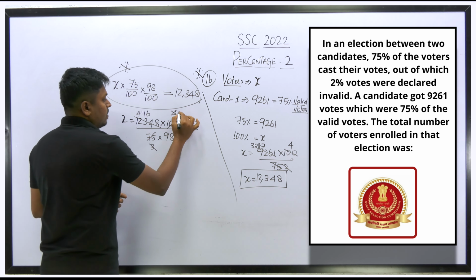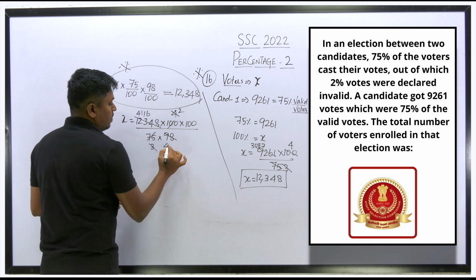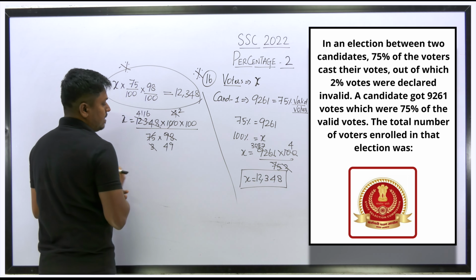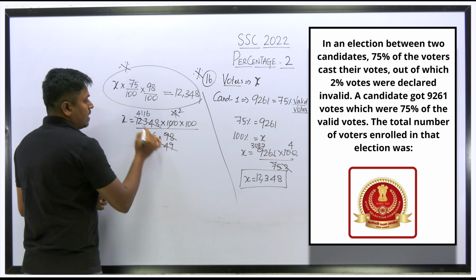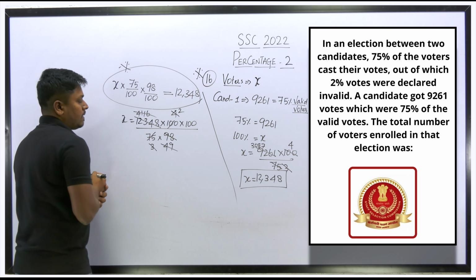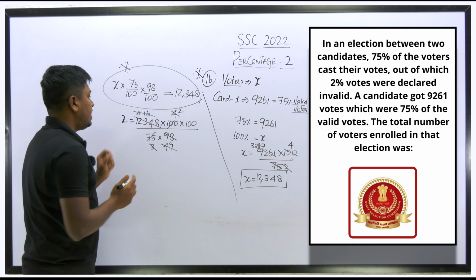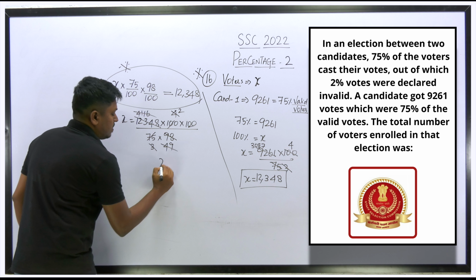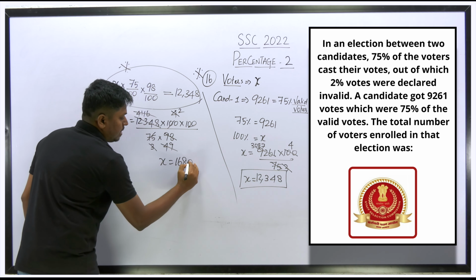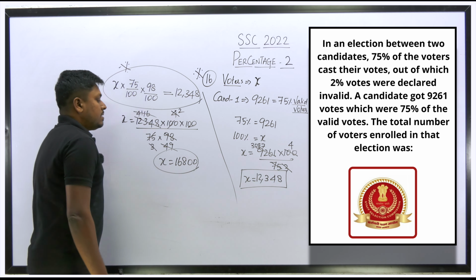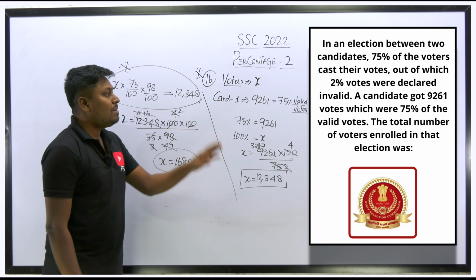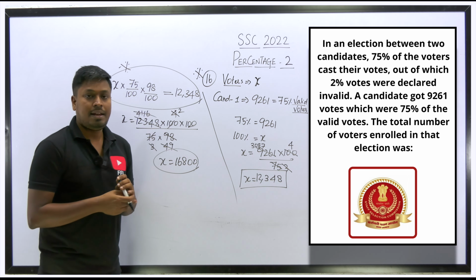So we can cancel on the 2 table, which becomes 4 2s are 8, 49. So again we can cancel on the 49 table. So 8 2s are 16 here, 13, 20. So X is equal to 168,000. That's it. So 16,800 will be the total votes enrolled in the election.